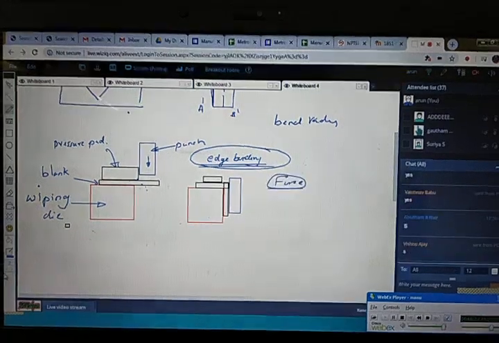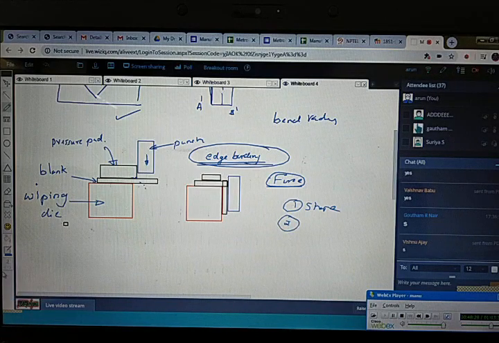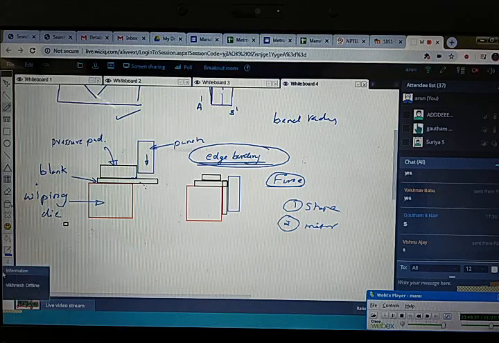Next, how much is the bending force which is applied? It depends upon the shape of the die which is used, and another factor is the sheet material, the nature of the workpiece.